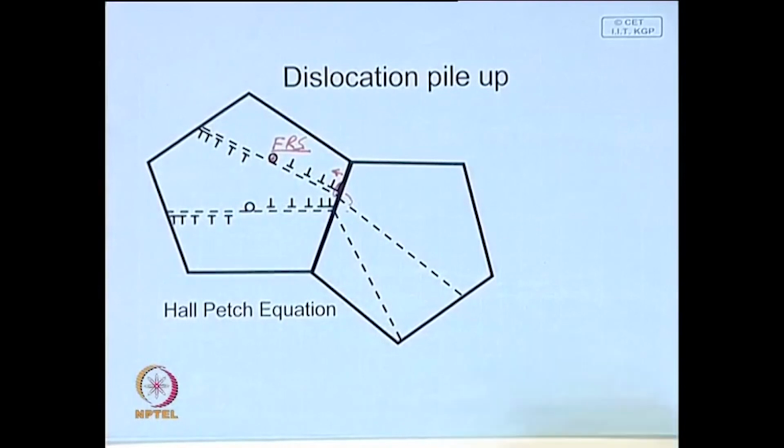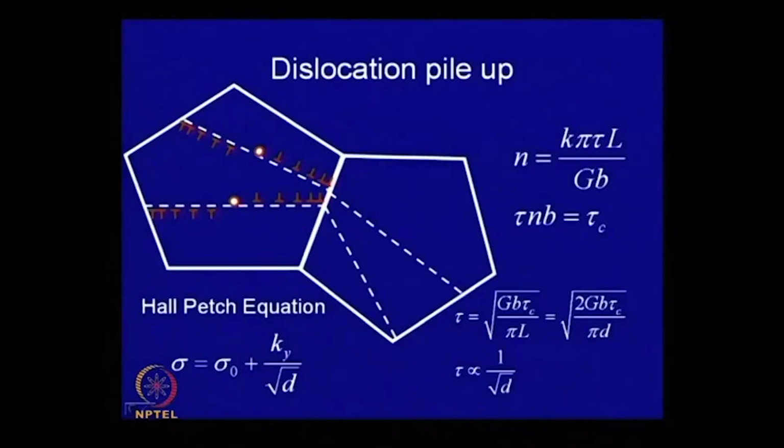It is possible to calculate this using the dislocation stress field, and we know that when you apply a shear stress on the material, the force acting on the dislocation is equal to tau b. Now, imagine this dislocation pile up, which is made up of n dislocations.